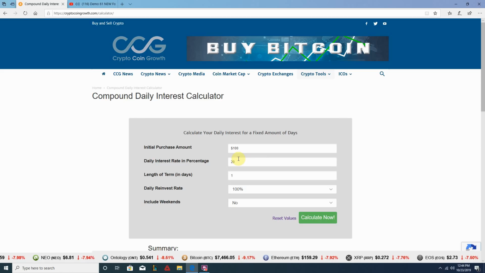This is why you're seeing your daily interest rate in percentage of 20%. 2 times 10 is 20%, and 20% of 100. So you're only risking $10. You're only risking 10% of your account, because $2 times a 5-pip stop loss is going to give you $10.